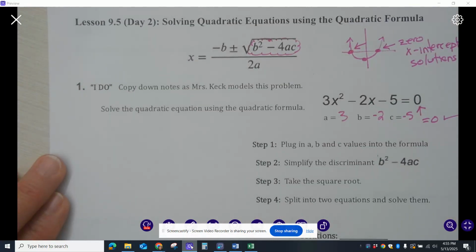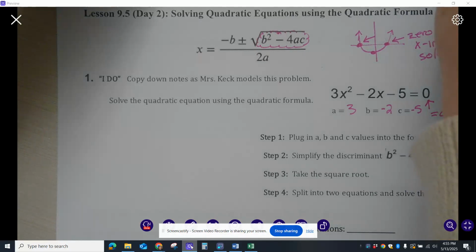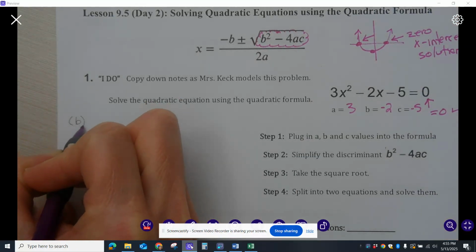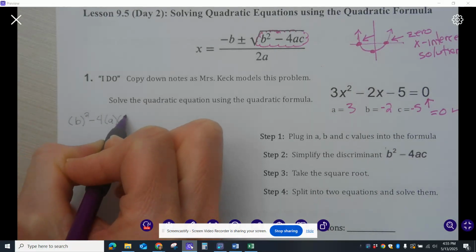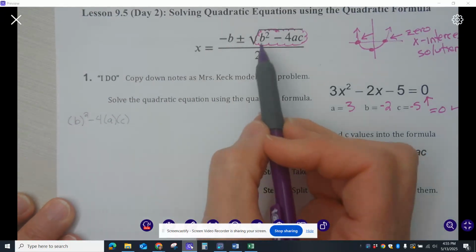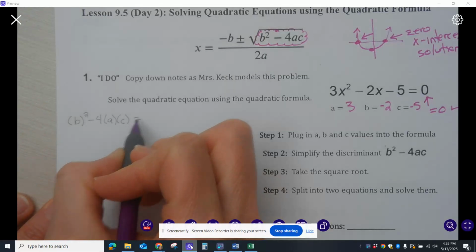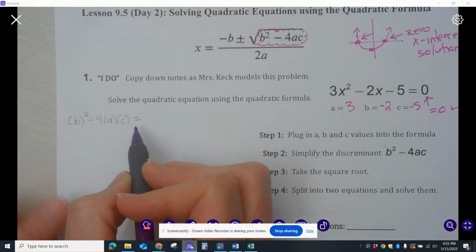Okay, on the first part of this lesson, we did that activity where we wrote b squared minus 4ac all in parentheses. I would like you to do that again. Remember, this is the discriminant. I like to find the discriminant first and then plug it into this big equation. We practiced this on day 1 of 9.5, so we should be good at this.